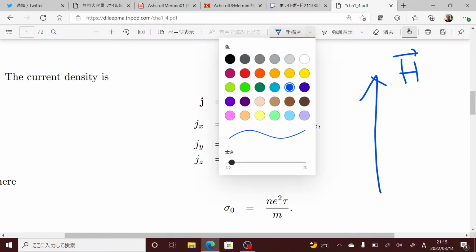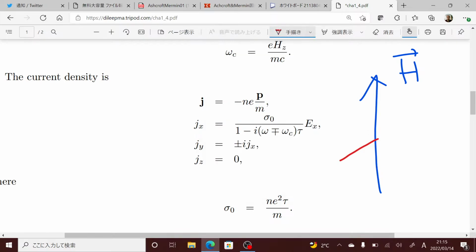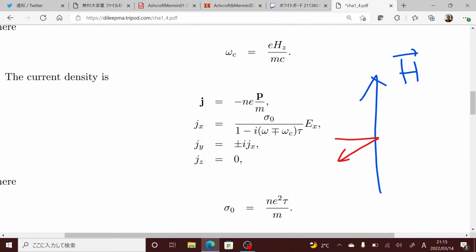Maybe I change color. The electric field is red. This electric field rotates with angular frequency omega.